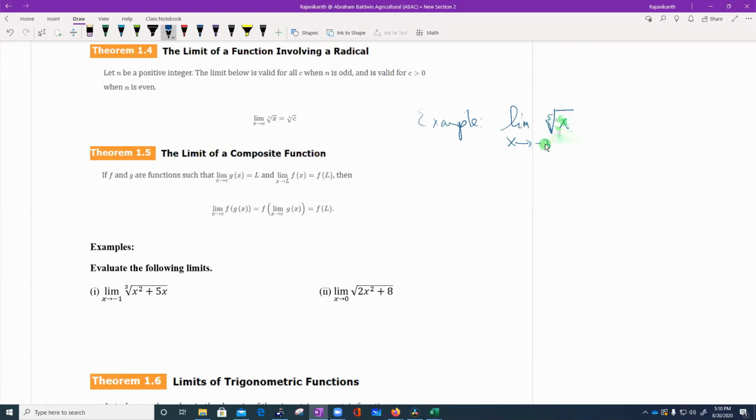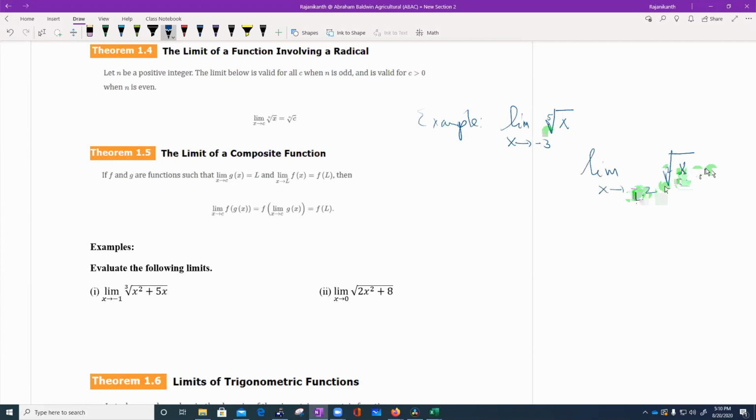So you cannot put a negative number under an even root. For example, you cannot write it like this. This is not correct: limit as x goes to -2 of the square root of x. Can you find the limit now? Now it is not possible, right? Square root means here I have 2. 2 is an even number. For an even root, you cannot have a negative. c cannot be negative because I can't find the square root of a negative number.